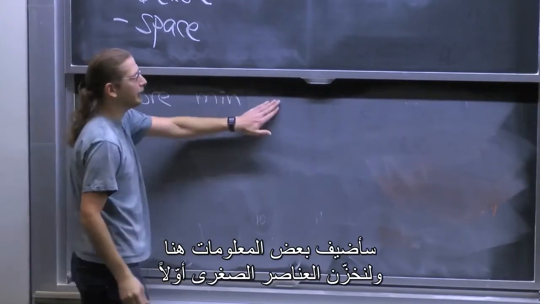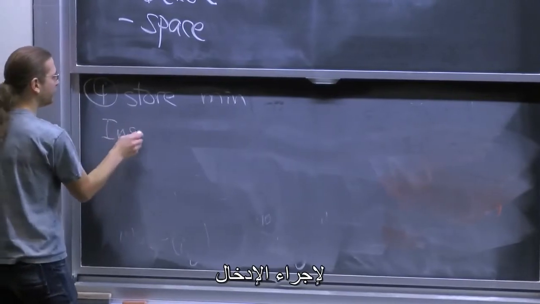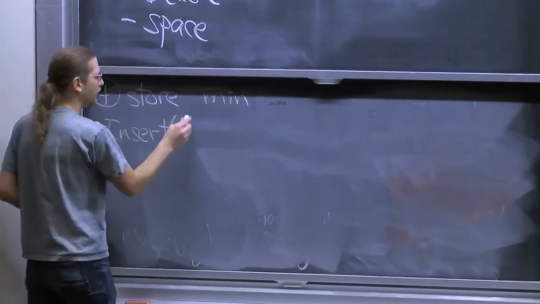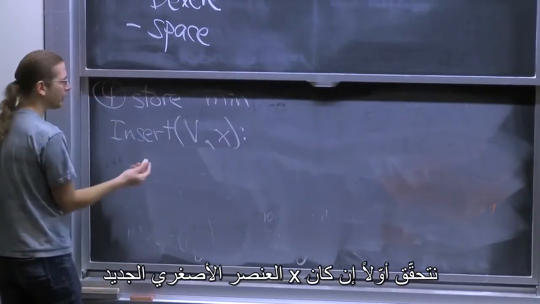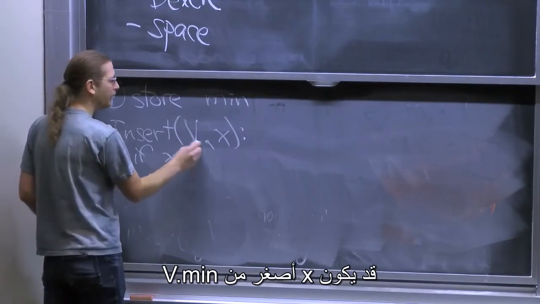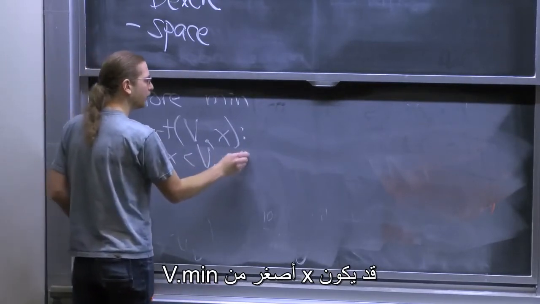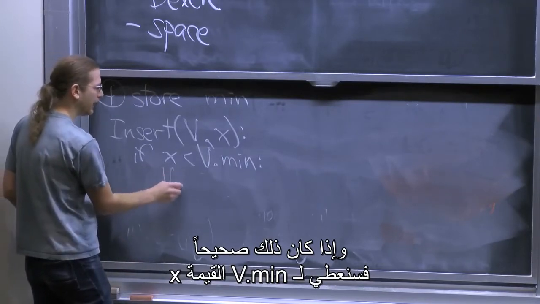I'm going to add something here, but for now, let's store the minimums. So to do an insert into structure V, item x, first thing we'll do is check if x is the new minimum. Maybe x is smaller than v.min. If that's the case, let's just set v.min to x.